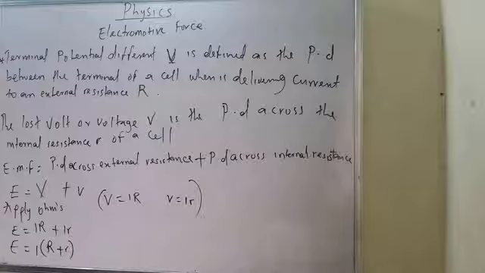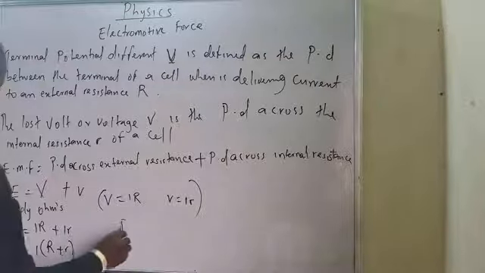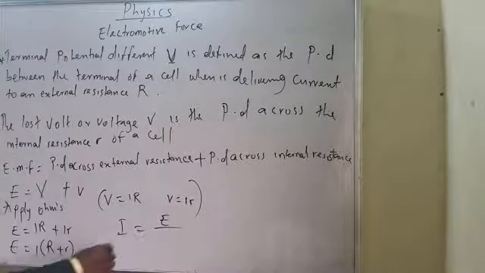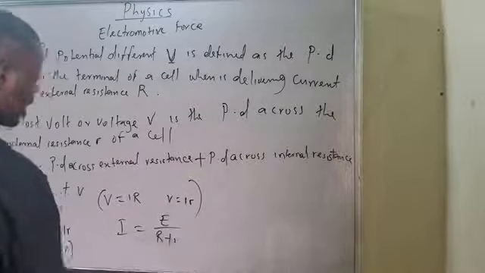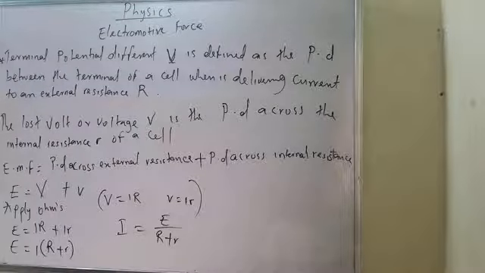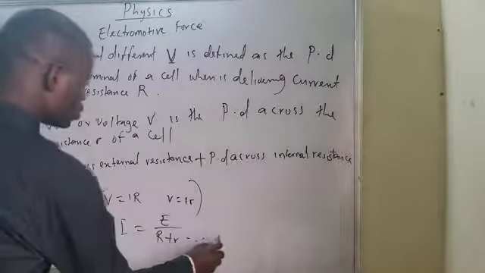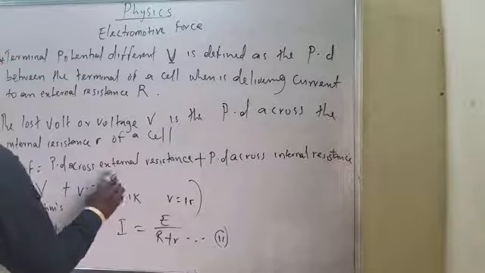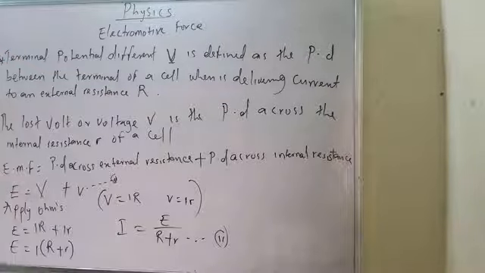Now I can rewrite it as I equals E, the electromotive force, over R plus small r, which I explained in our previous video. I can call this one equation 2, and I call that one equation 1. Please take note of that.